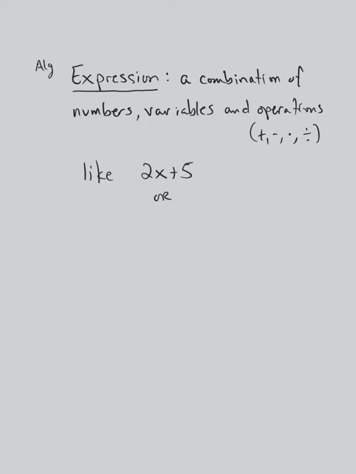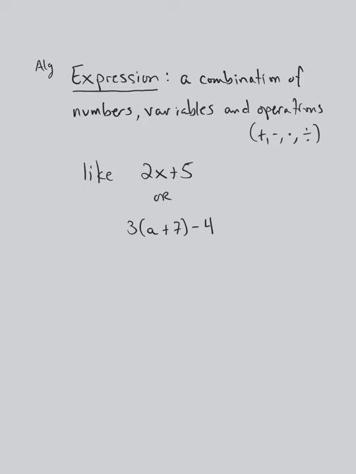Or I could have 3 times, I could use the letter A, so I could have A plus 7 in parentheses minus 4, like that. Those are called expressions. And one thing to keep in mind is notice that there's no equal sign initially in the problem. Whenever we put an equal sign and another side to that, that's called an equation that we'll talk about in a moment.